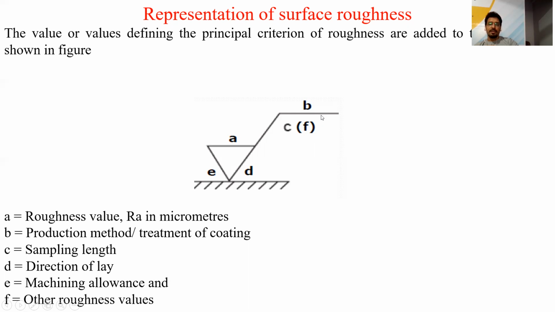Next, the letter V, which is above this line, will tell you what operation has been done over that surface which is to be tested, or whose roughness is being measured.